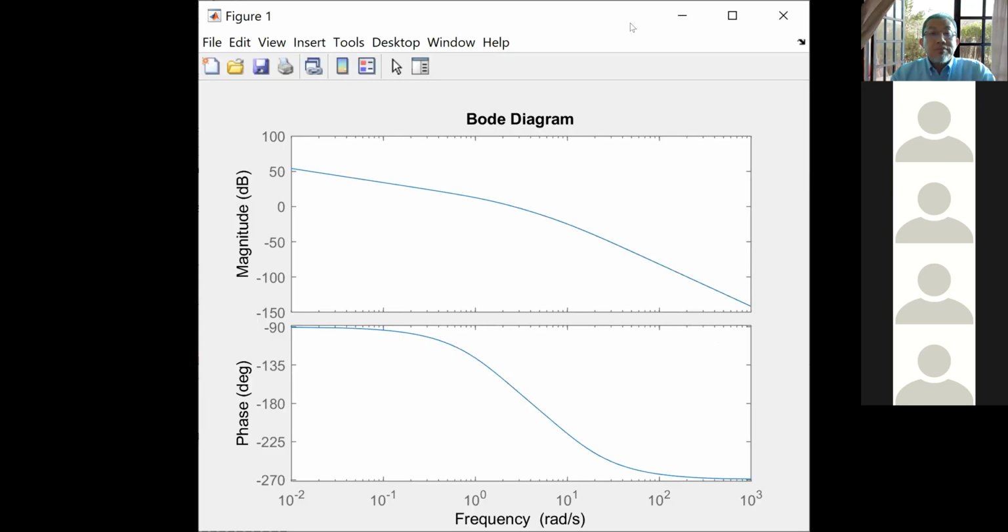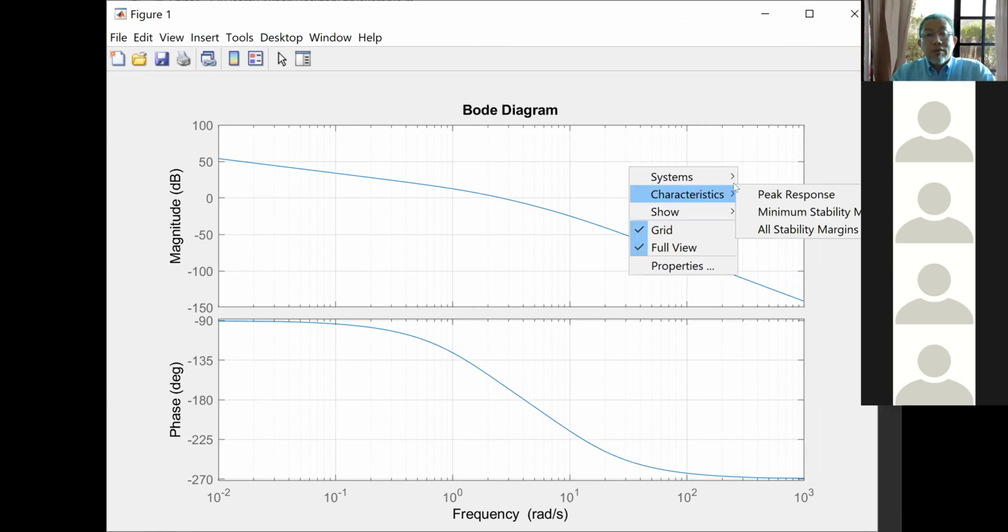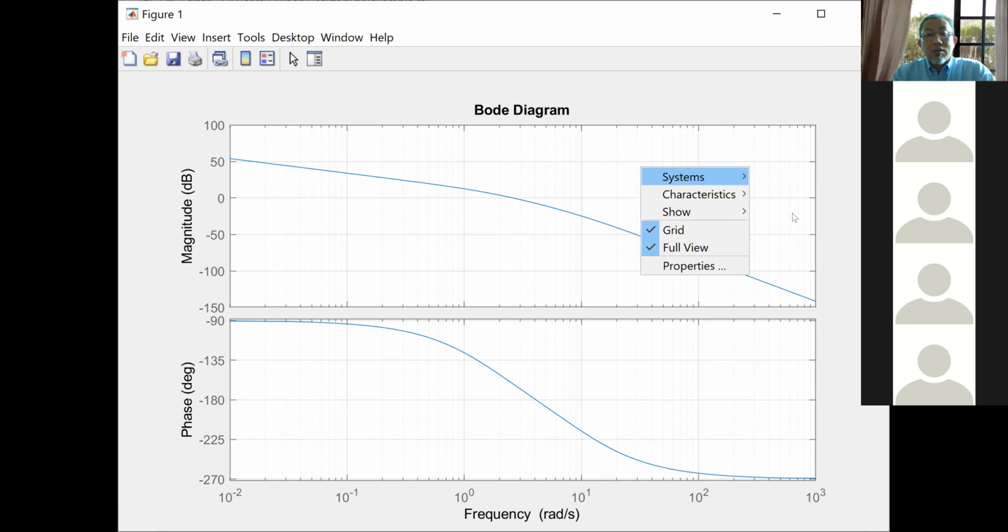Can you see? Yes, Doctor. So we put the grid, logarithmic scale, and then find the characteristic, which is the minimum stability margins.